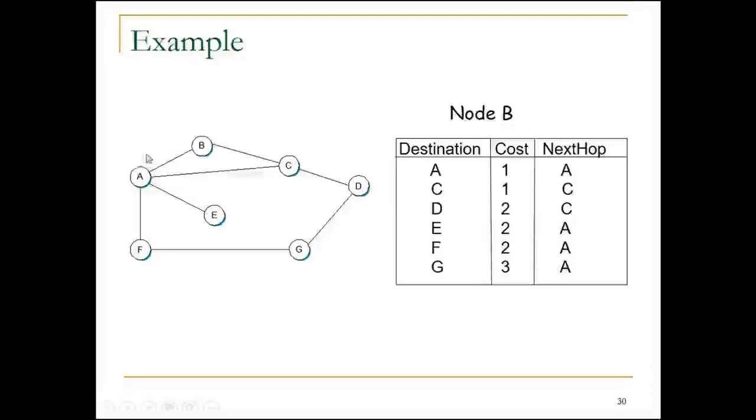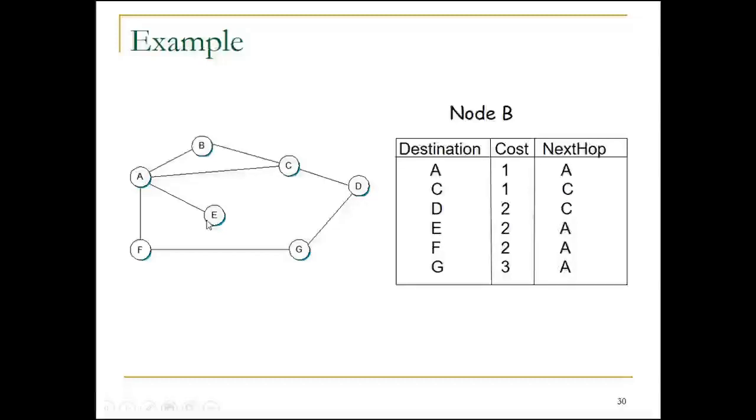Okay? When it comes to moving a packet to E, the best option with the least cost would probably be from B to A to E, which in this case gives you 2, and A happens to be your next hop.